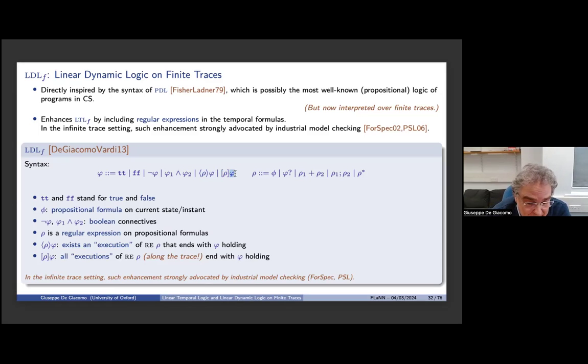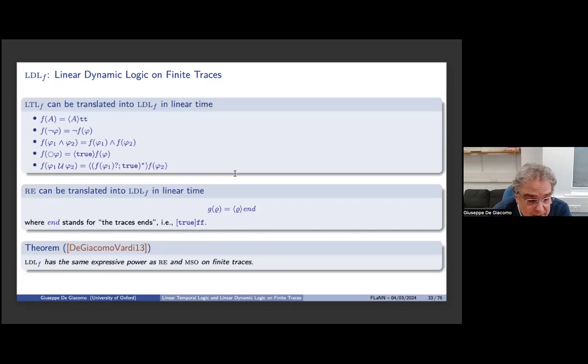This is the linear dynamic logic. And with linear dynamic logic we can capture very easily linear temporal logic, and also regular expressions.